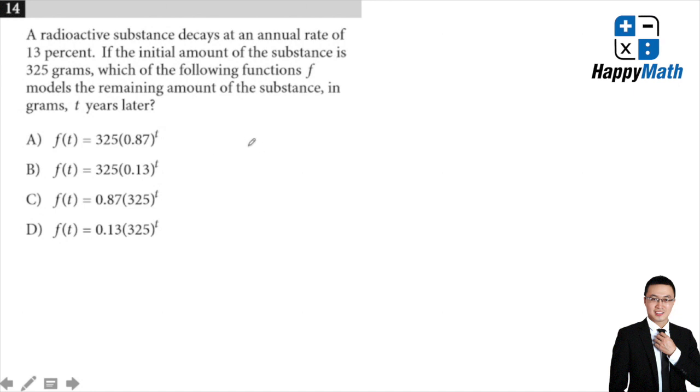Okay, if I have the first year for this number, the second year will be decreased. Decrease of 13% means the remaining will be 87%.